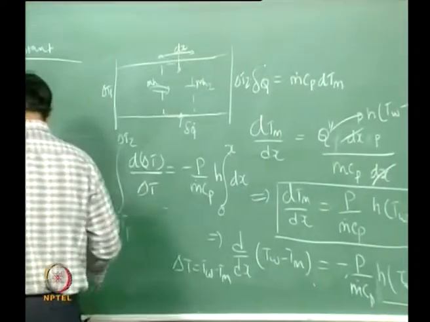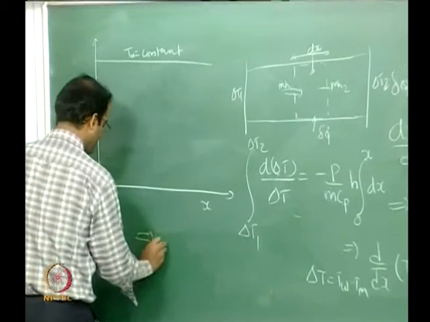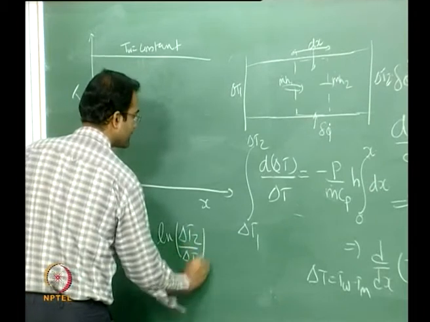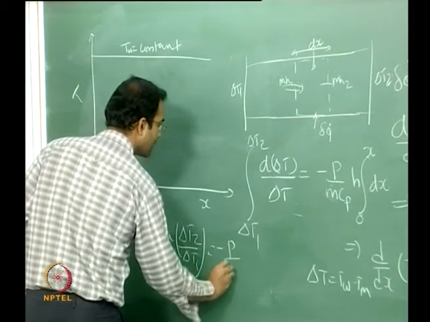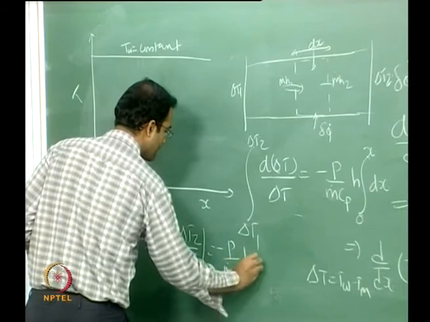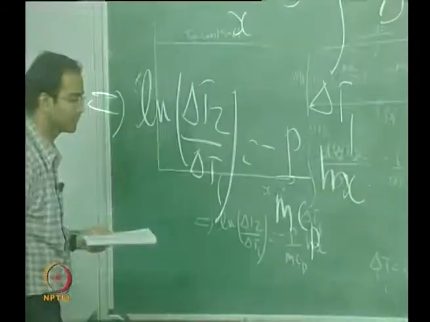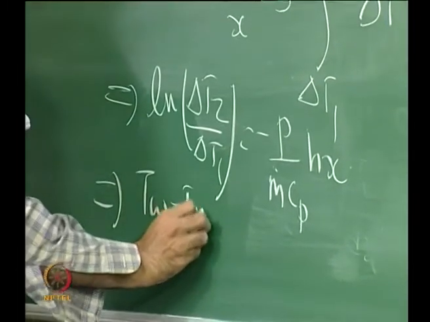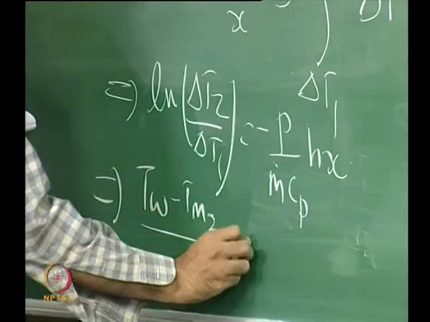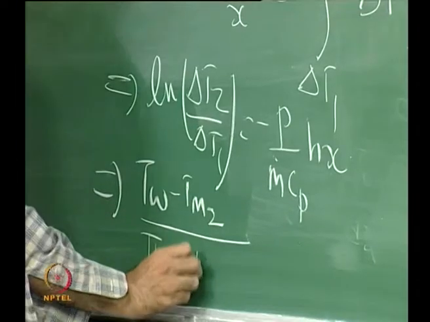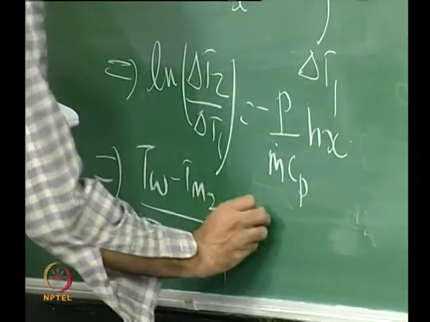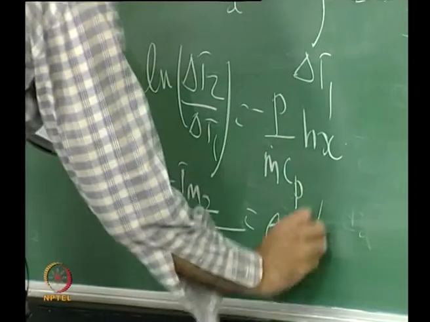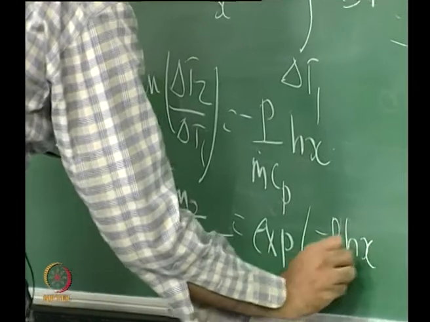So this will give me ln of delta T2 by delta T1 equal to minus P by m dot Cp h into x. Or T wall minus T mean at some location 2 divided by T wall minus T mean at 1 will be equal to exponential of minus P h x by m dot Cp.